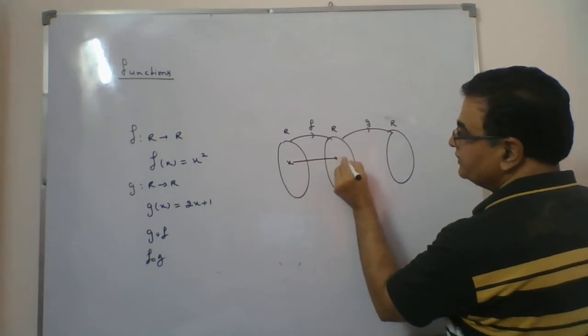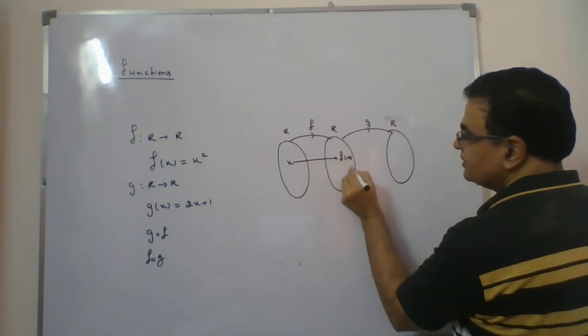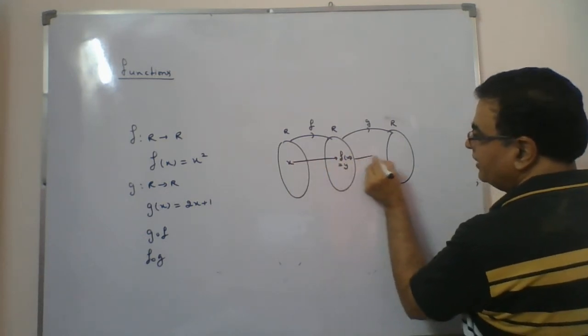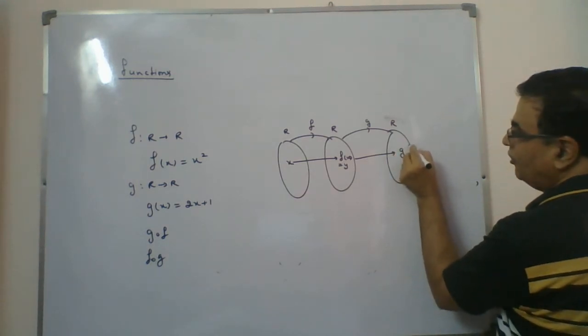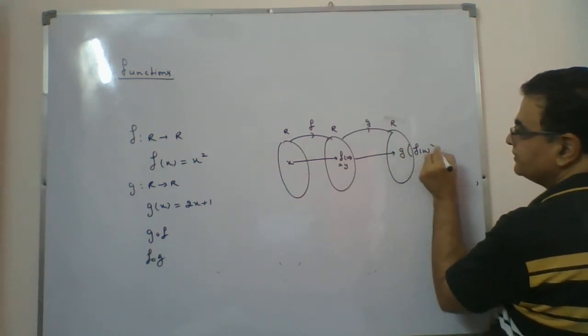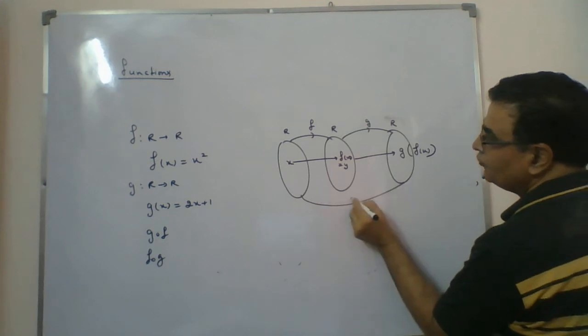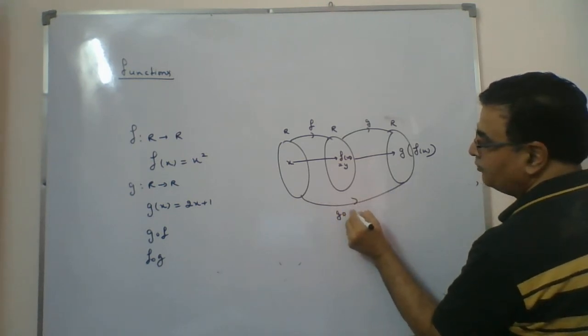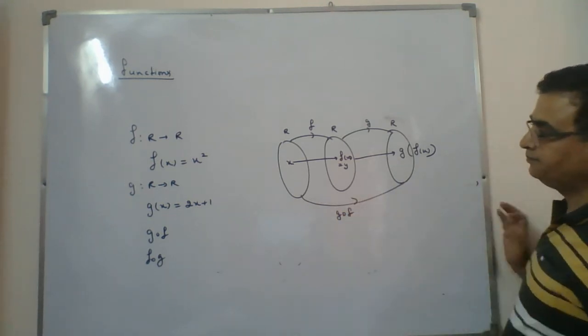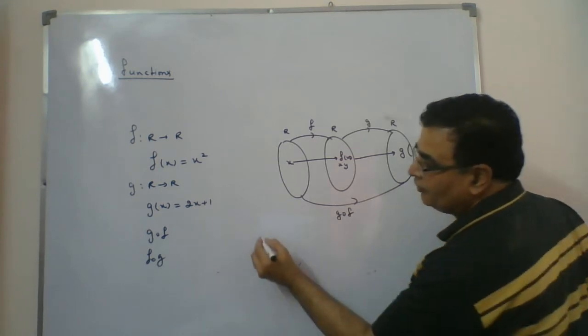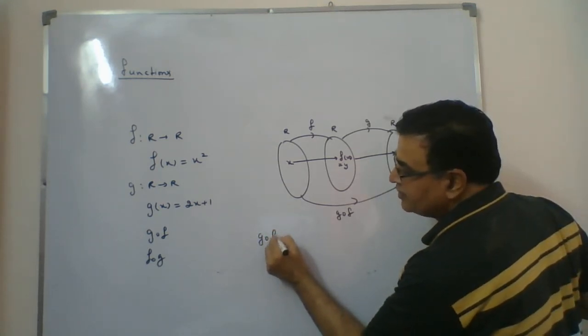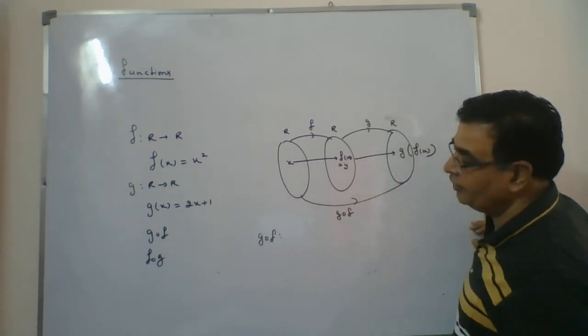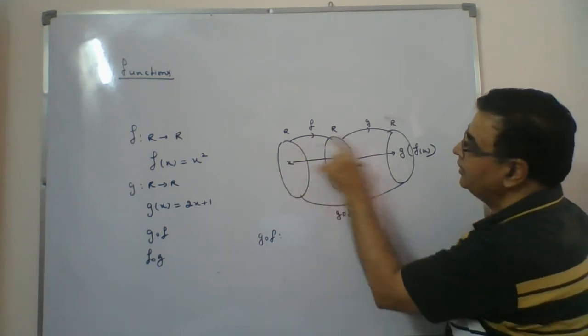The image of this will be f of x first, which will become y. And then its further image g of f of x. And this function will be g composition f. So here one thing is clear, whenever they are asking g composition f, it will be going from real to real.